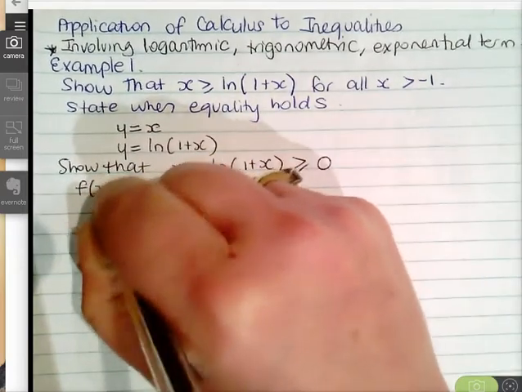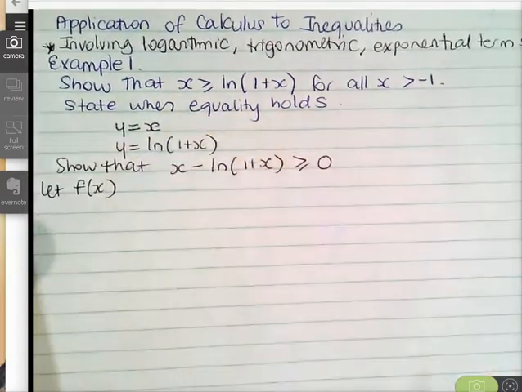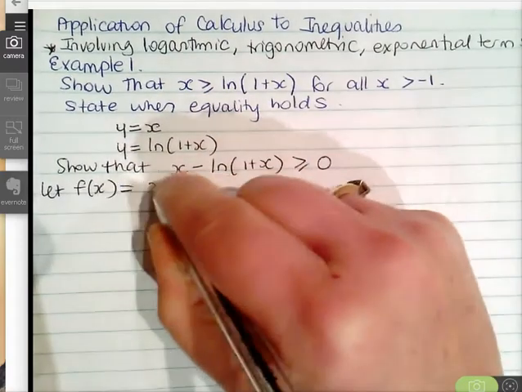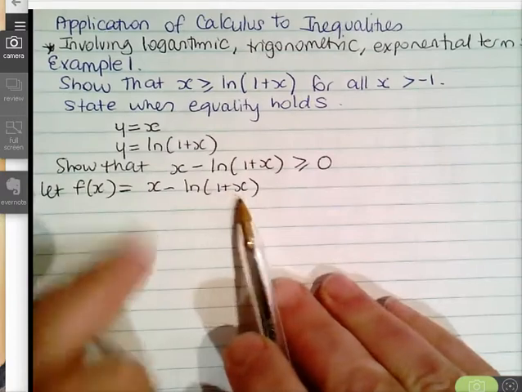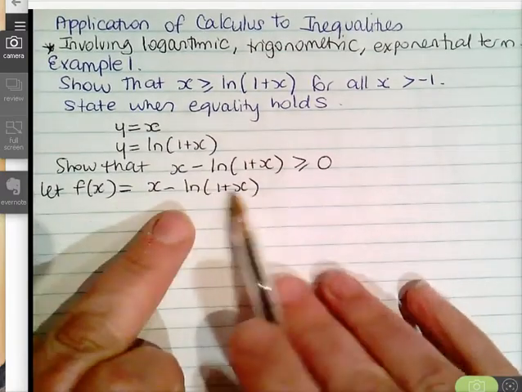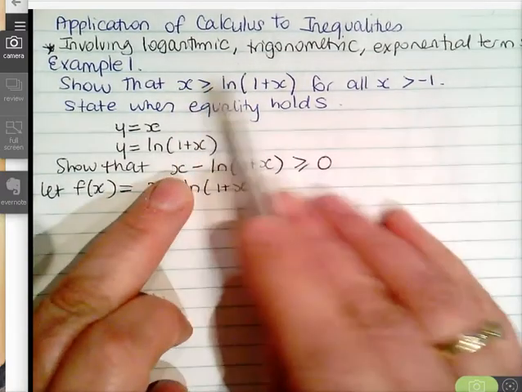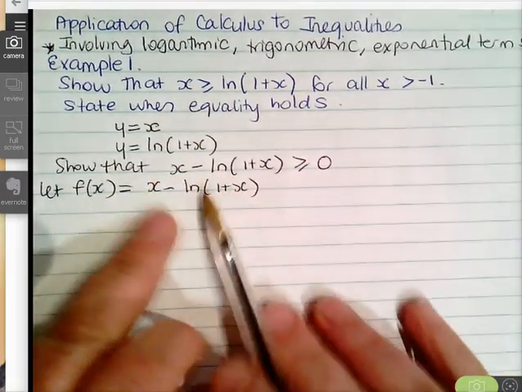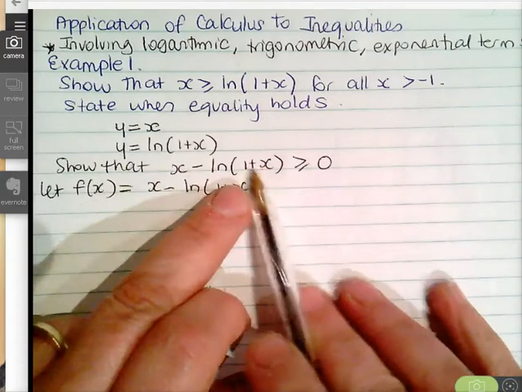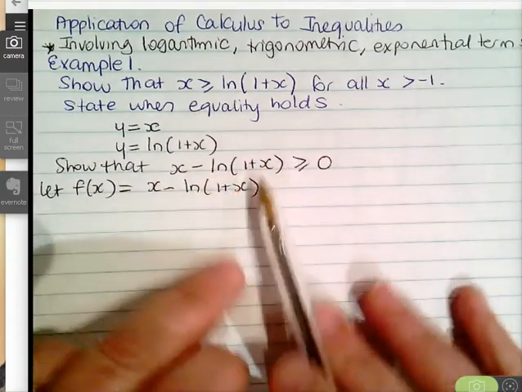So if we let our function of x equal x minus ln 1 plus x, we just want to show that that function is greater than or equal to 0, because taking this over the other side, x minus ln 1 plus x is greater than or equal to 0. In other words, if this function is greater than or equal to 0, it's always above the x-axis.